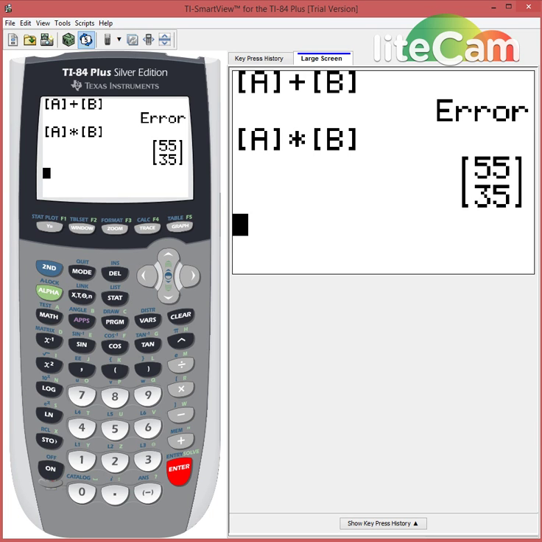So again, if it's a 2 by 2 times a 2 by 1, then the answer is going to be a 2 by 1 because it's those numbers on the outside, the rows of the first and the columns of the second.